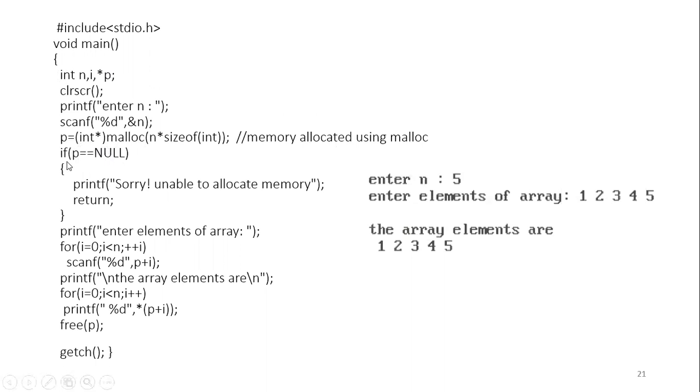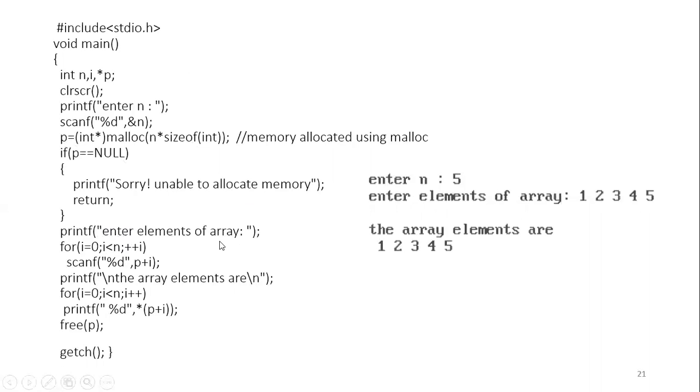If this function returns null, that means the 5 into 2 bytes, 10 bytes, are not available in the heap memory. Then I am printing the message, sorry, unable to allocate memory, and return. Return means come outside of the program execution. If p contains a valid address, then p contains the starting address of the allocated memory.